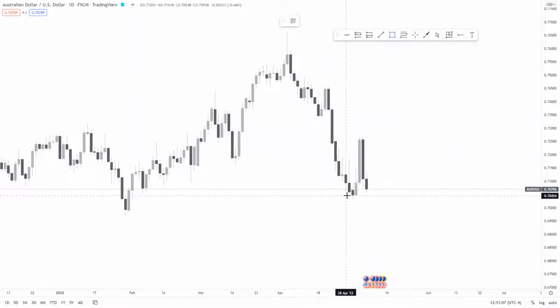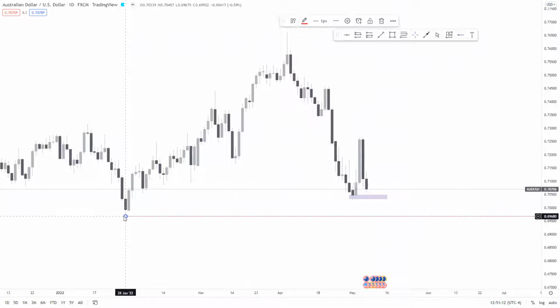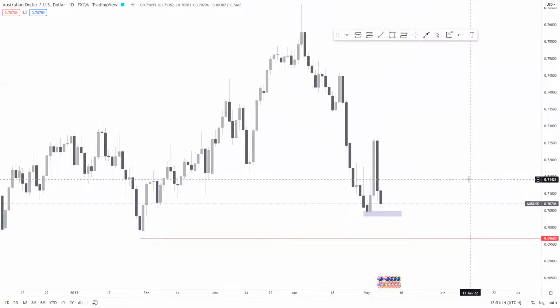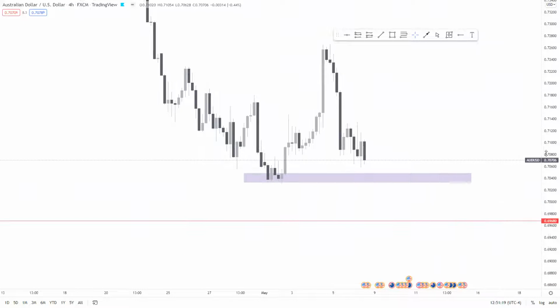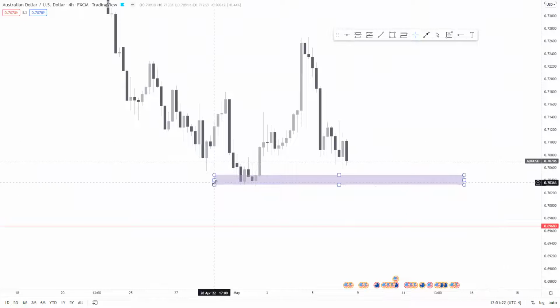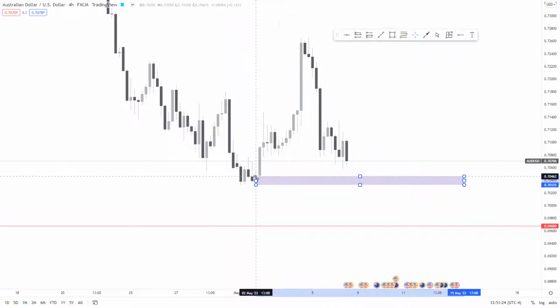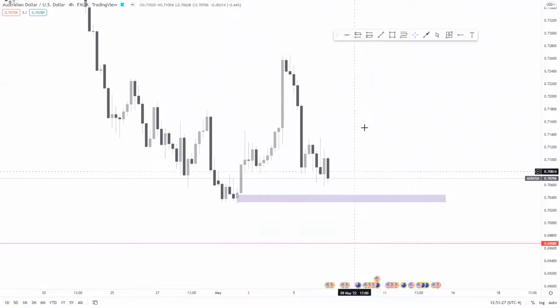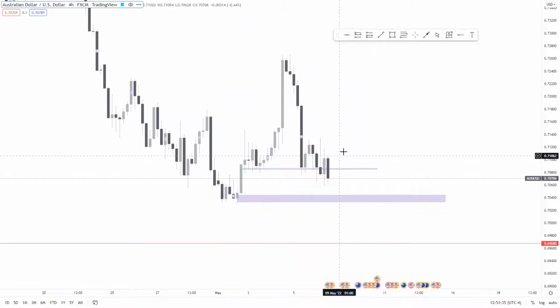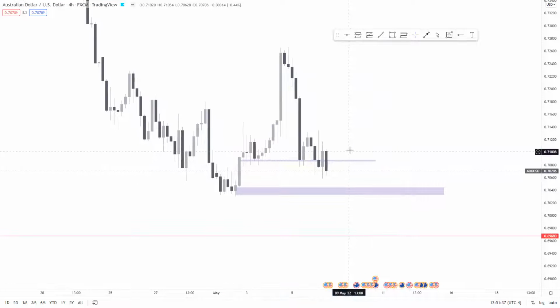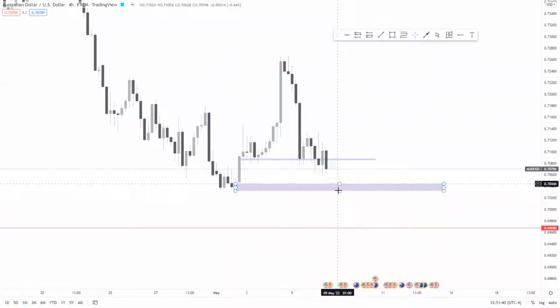So I'm going to draw my zone 1 here on the daily and also mark this low as well. If we go down to the 4-hour time frame, we're just going to modify this zone to here. Also kind of support from here, which is broken right now, and we closed below. But to be safe for this scenario, I'm waiting for the push to continue down a bit, below this area.